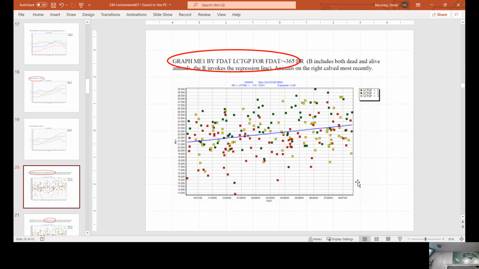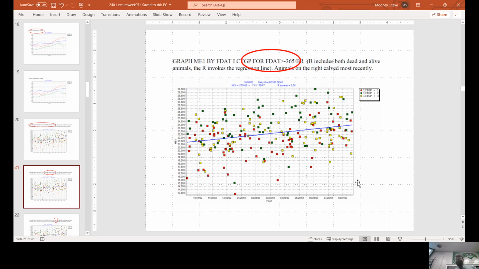So we're looking at that mature equivalent over the last year, going back a year. The BR includes both animals that are alive and dead. You can decide whether you want that or not.